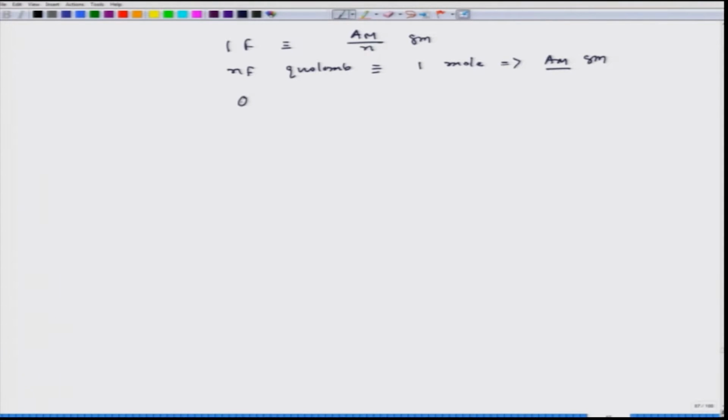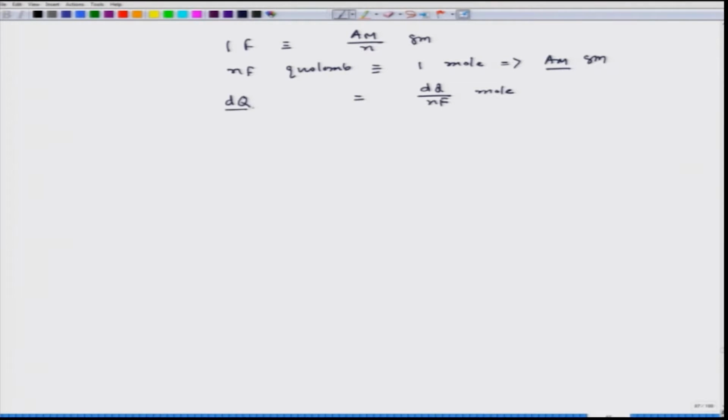So, if we send dq amount, it will be simply 1 by nF dq. So, this much of mole dissolves.